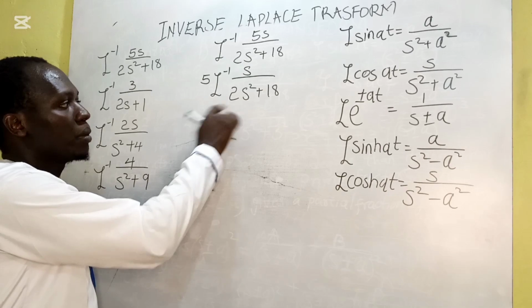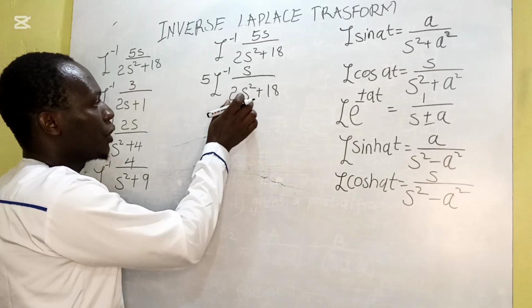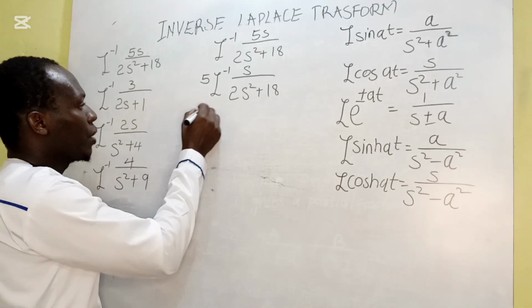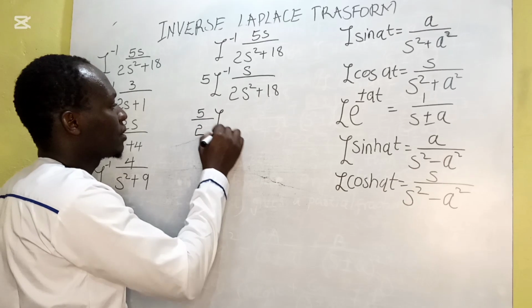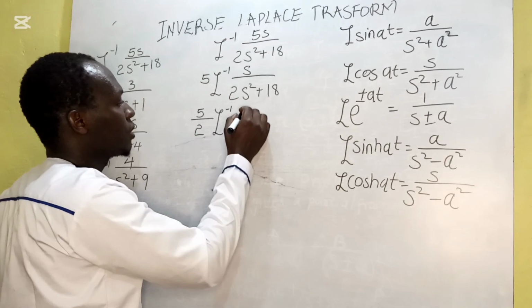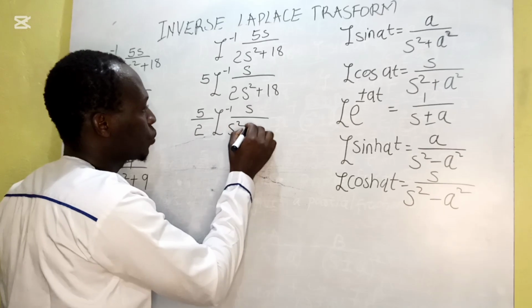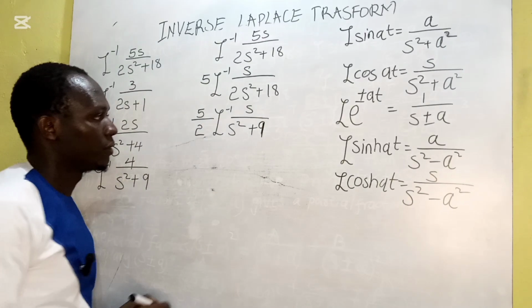To mean that, we must do away with this coefficient here of s. And by doing away with this coefficient, we can factor out 2. And now we are going to have 5 all over 2, the inverse Laplace transform of s all over s squared plus 9.